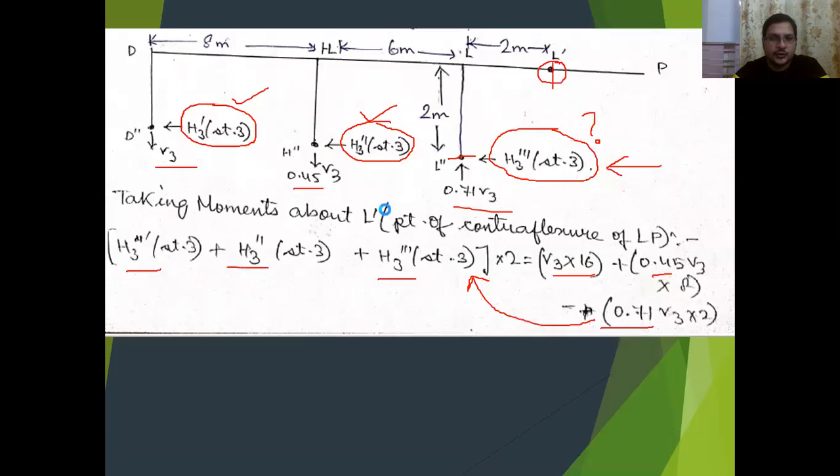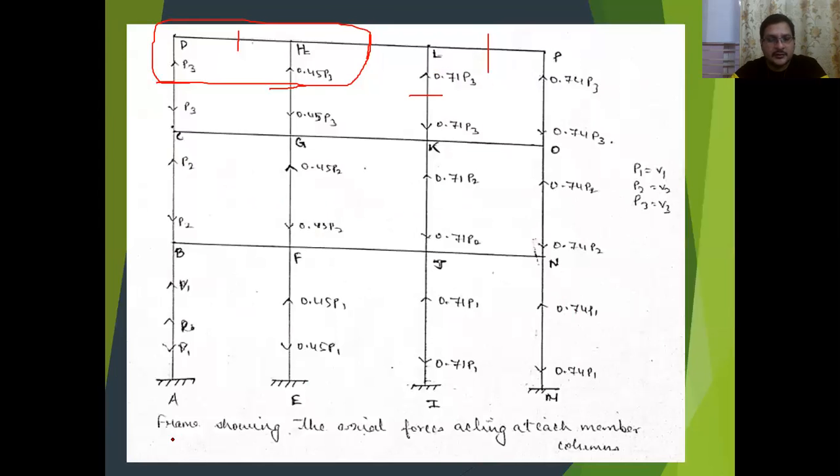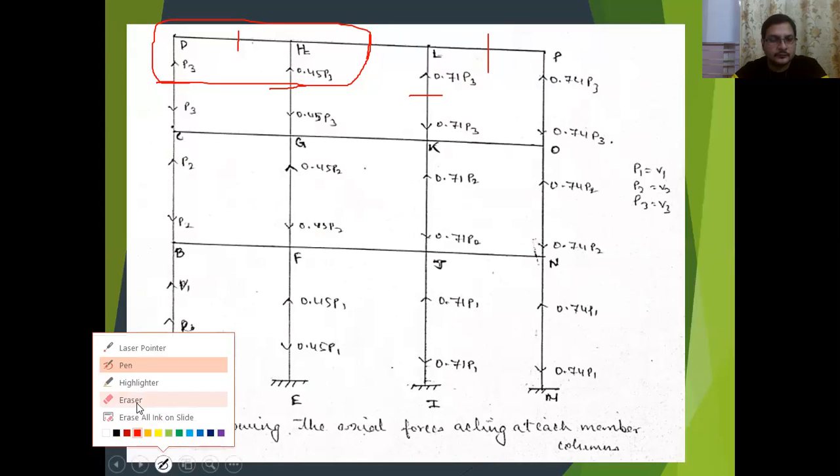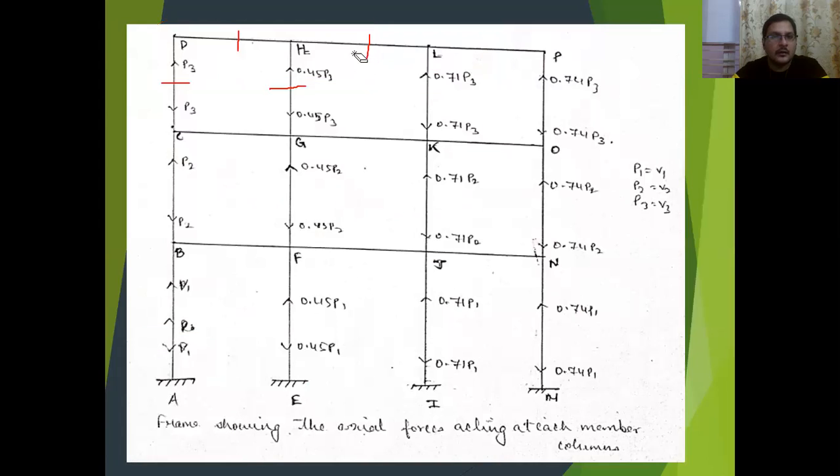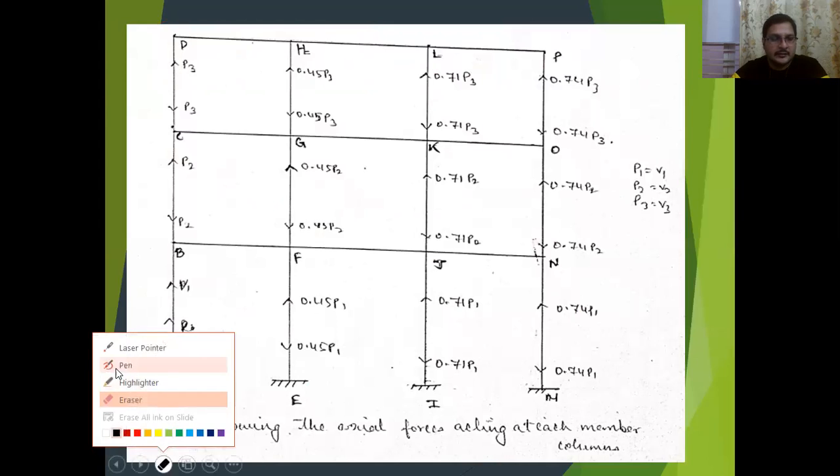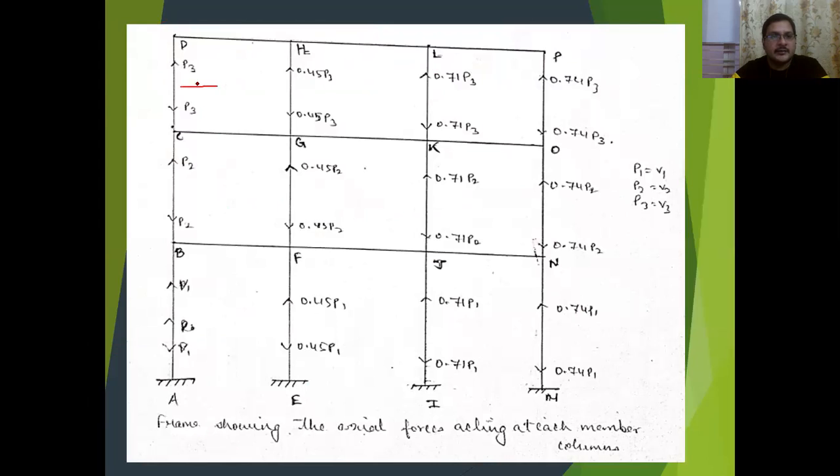Now coming to this portion, if you check this diagram, now our main task is, so this is H3 dashed, second is H3 double dashed. You can demarcate with any symbols, no problem. For the third column, it will be H3 triple dashed, and then for the fourth column, it will be H3 4 dashed.